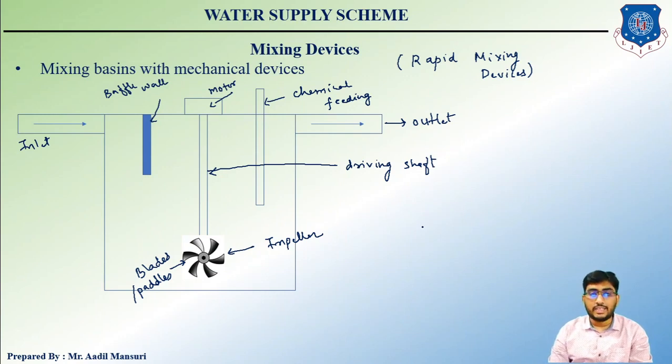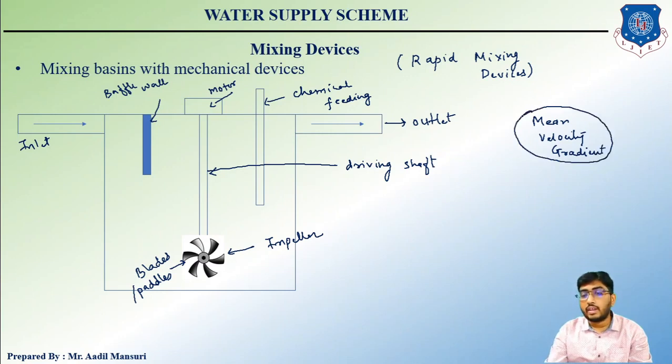the intensity of mixing is dependent on a term known as mean velocity gradient, denoted by capital G. Mean velocity gradient is the change in velocity per unit distance normal to the section.